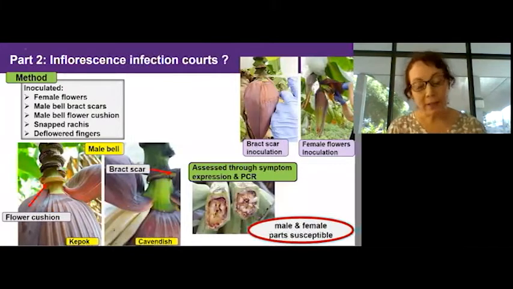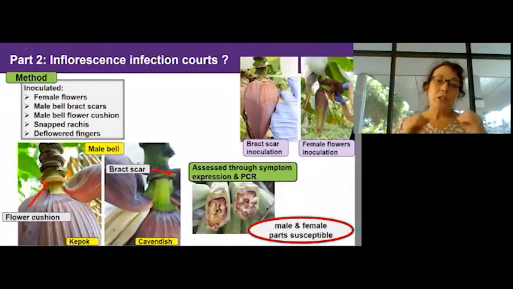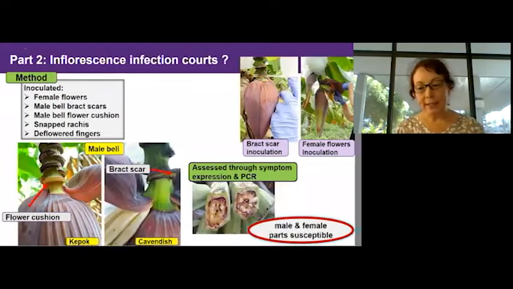We isolated the bacteria, and I did PCRs on them to prove that they were caused by blood disease. Now, we showed that all plant parts act as infection courts, all of these plant parts that I had inoculated. Really important here is that we found that both the male and the female parts are susceptible to infection by blood disease. And this is important because it has implications for how we manage the disease.